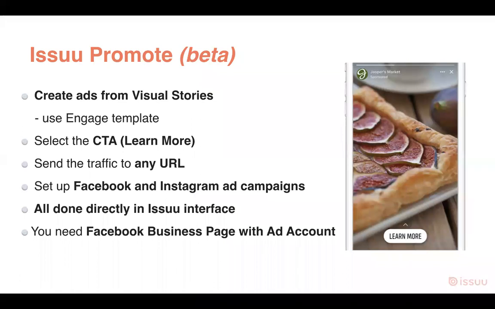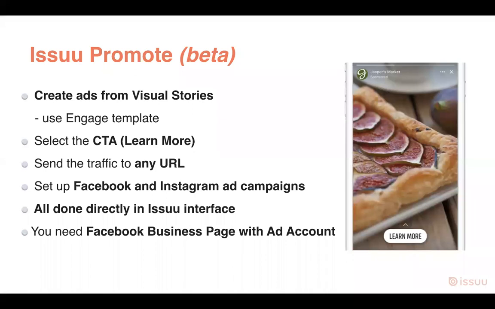And the Engage template follows Facebook ad guidelines, and we created it to work the best for this feature. The idea behind Issuu Promote is that you use your visual story as an ad, and you can create a campaign on Facebook and Instagram using this ad.